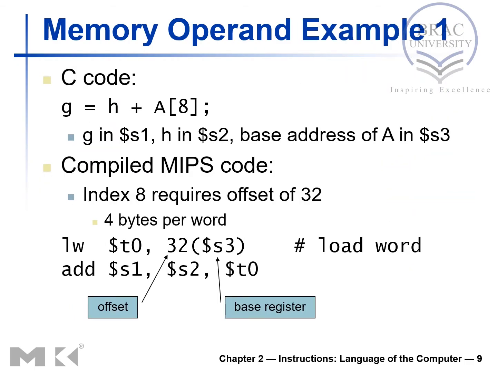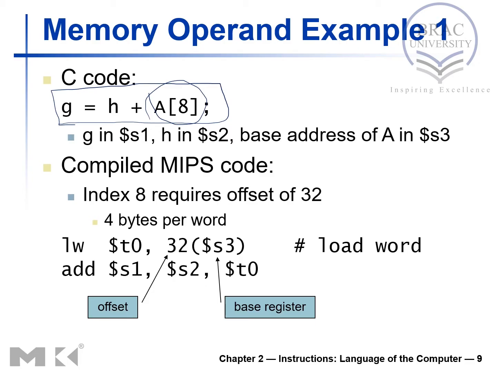Now, a memory operand example. Let's say we have an example which is part of a C code, where G is equal to H plus A8, which is a composite data.